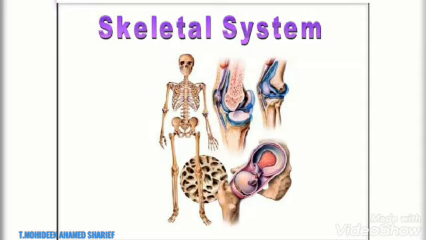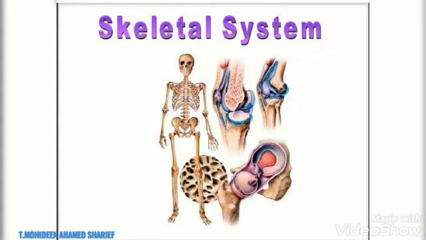It is a rigid, hard case present outside the body of animals. Example, cockroach. And the third one is endoskeleton, which is found inside the body of vertebrates. It is composed of bones and cartilages surrounded by muscles. Example, human being.